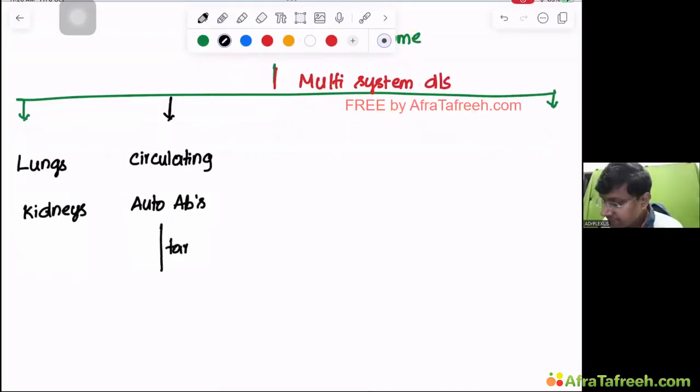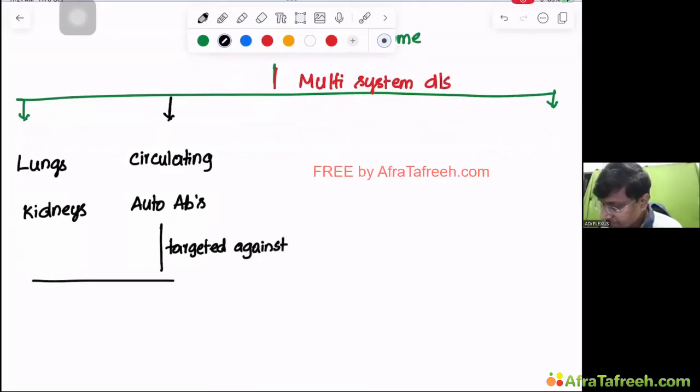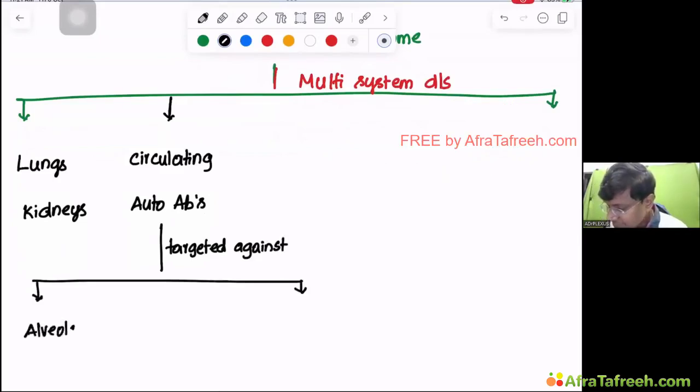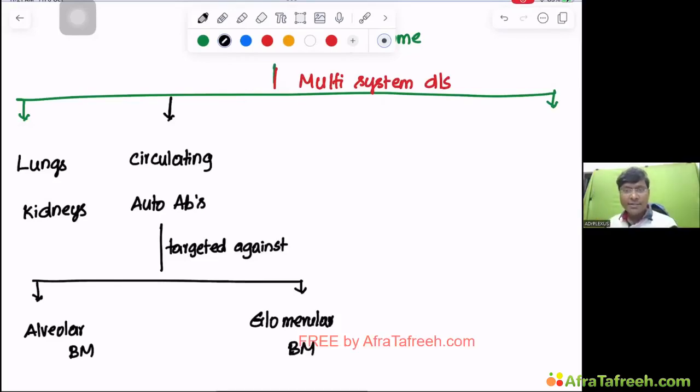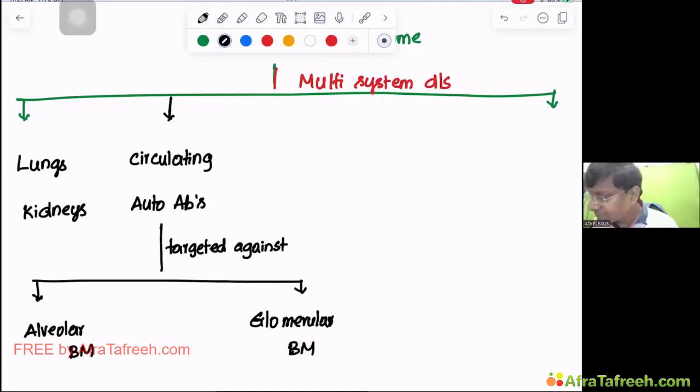These circulating autoantibodies are targeted against the alveolar basement membrane and the glomerular basement membrane. So the alveolar basement membrane is in the lung and the glomerular basement membrane is in the kidney. And these antibodies will initiate a reaction.